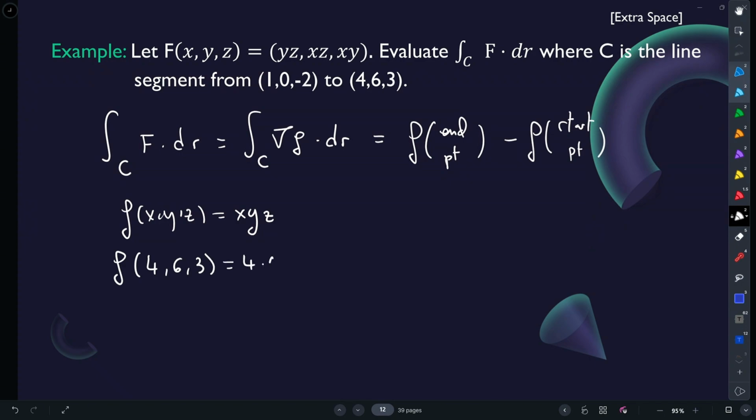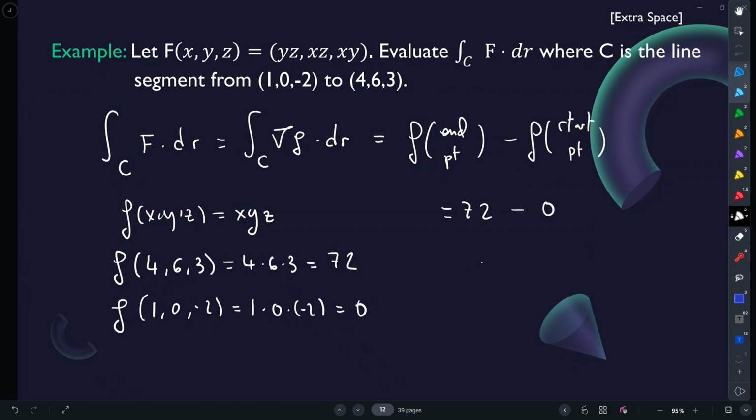That's 4 times 6 times 3, which is 72. And f of the start point, that's 1 times 0 times minus 2. That I can do in my head. That's 0. So this is 72 minus 0, so it's equal to 72.